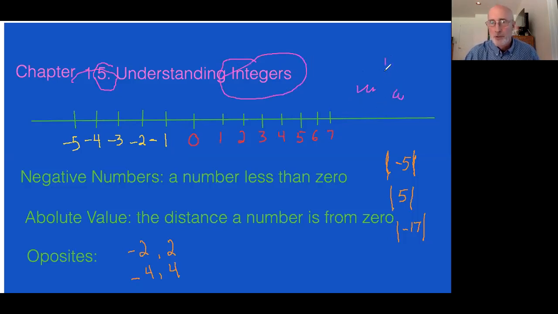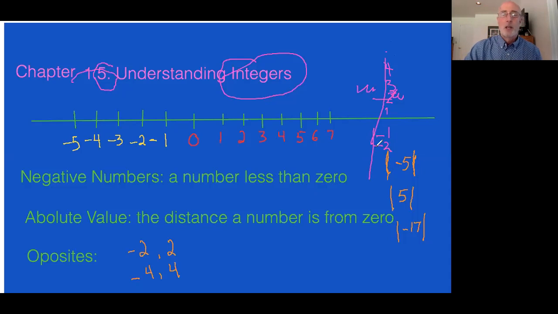Many people are used to a thermometer, where you have 0, and everything above it is 1, 2, 3, 4, etc. That's positive, and everything below 0 is negative degrees when we're talking about temperature, okay?